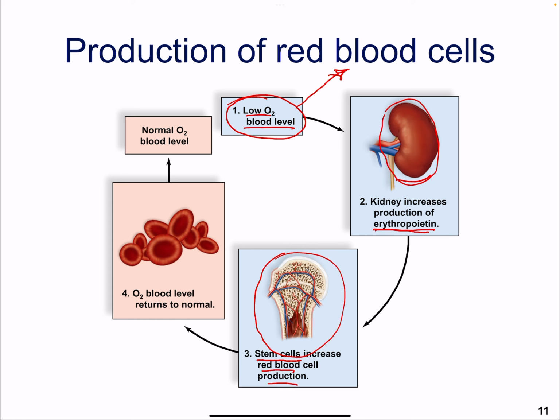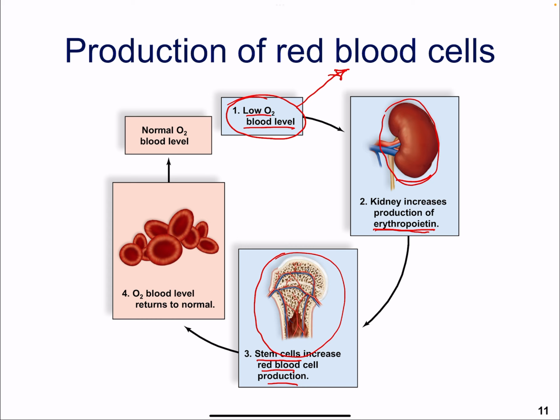Those red blood cells are now going to go in circulation and cause a capture of oxygen in the lungs, and from there the oxygen level in the blood is going to go back to normal, right?